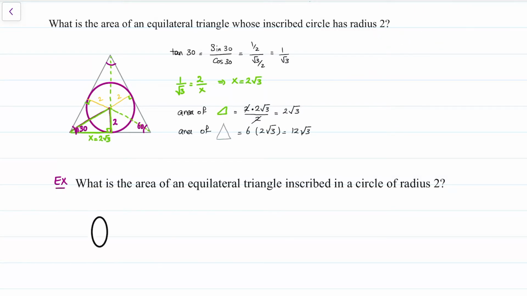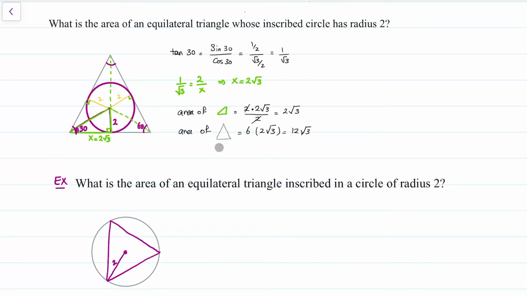I have a circle of radius 2, a perfect circle, and an equilateral triangle within the circle. Let me graph an equilateral triangle in here. It would be probably something like this. That's the center of the circle and the triangle, and the radius is 2.